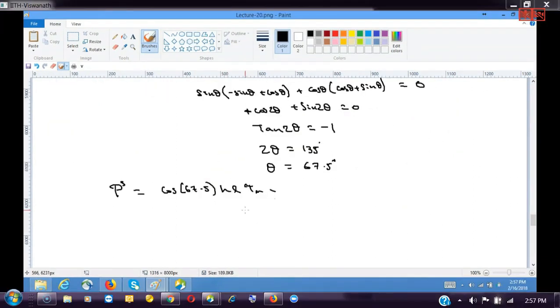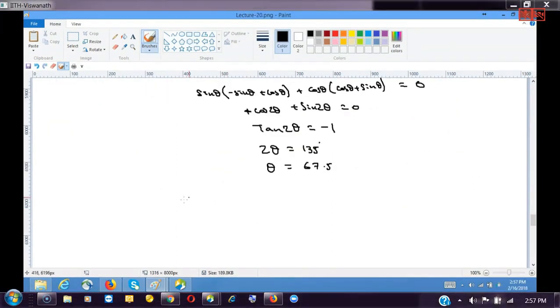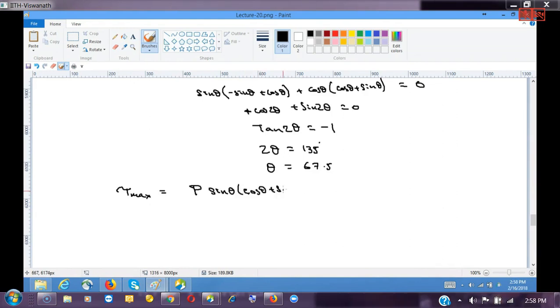So we have to write our tau max is equal to P sin theta by (cos theta plus sin theta) by H L at theta equal to 67.5 degrees.